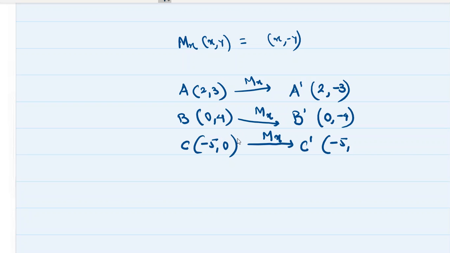So 0 becomes minus 0. But wait a minute, minus 0, that doesn't make any sense. So if the y coordinate is 0, it remains 0. So what do you mean by that?